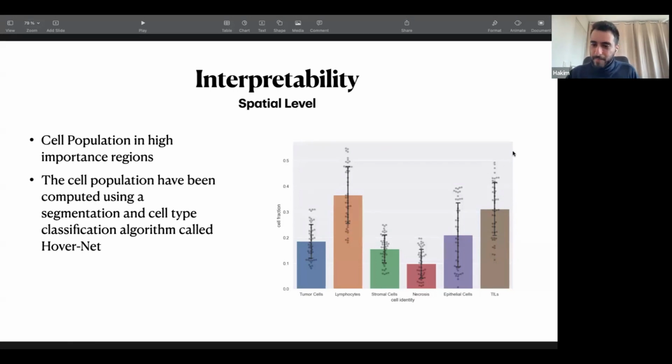And the presence of TILs is actually also prognostic for HR2. There is a lot of literature, which I specified in my preprint, showing that TILs are very correlated with the presence of HR2 expression.